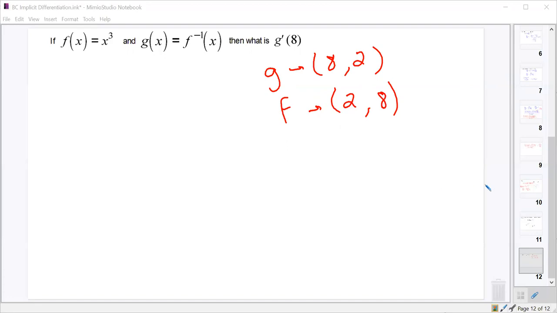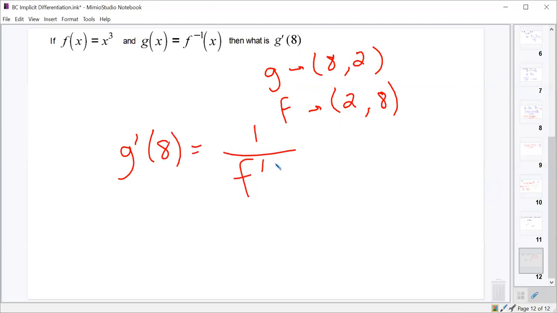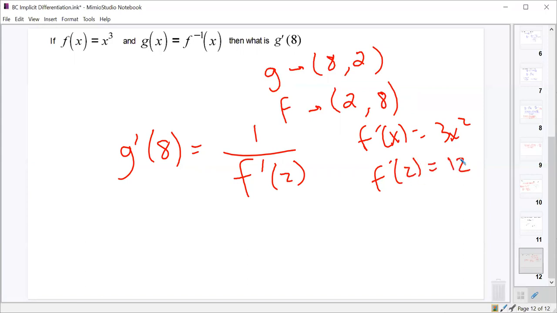And from there, we should know that if we're looking for g prime of 8, it should equal 1 over f prime of 2. Okay? And so we should be able to find f prime of 2 right here. F prime of x is just 3x squared. If we evaluate that at 2, we end up getting 12.